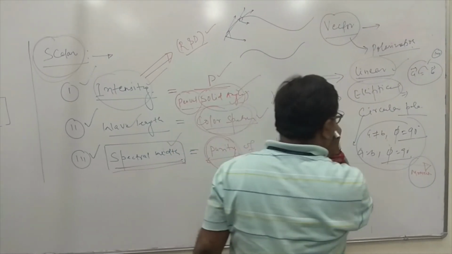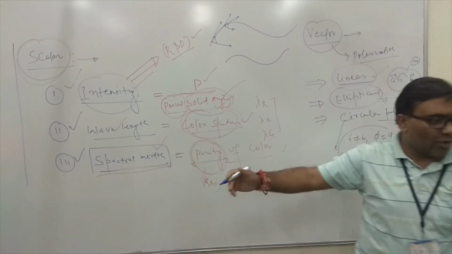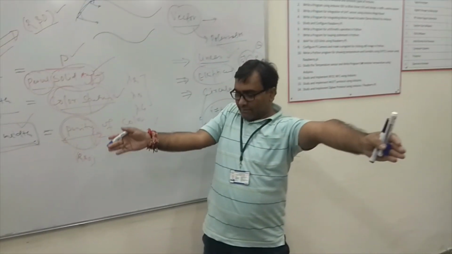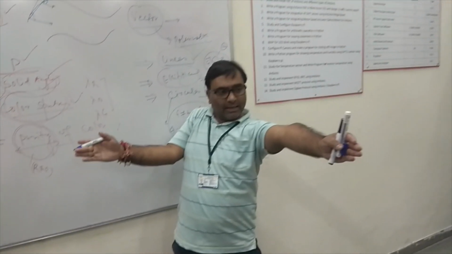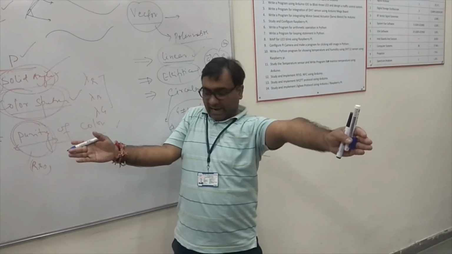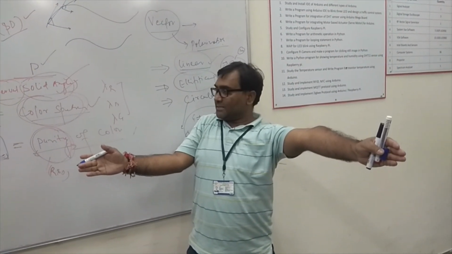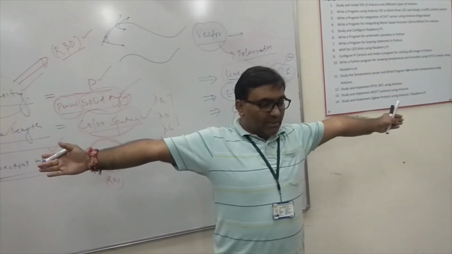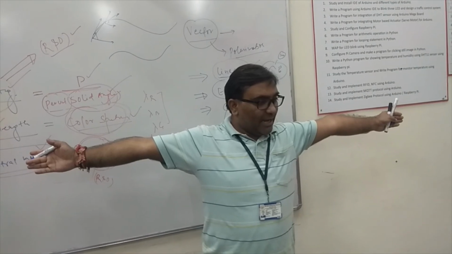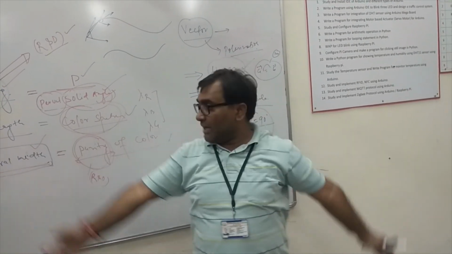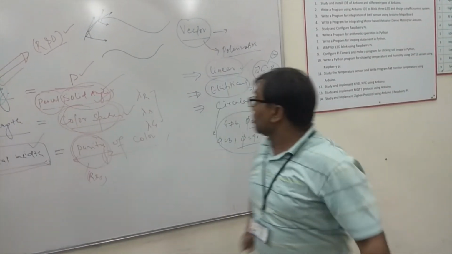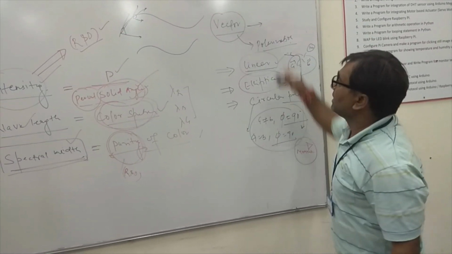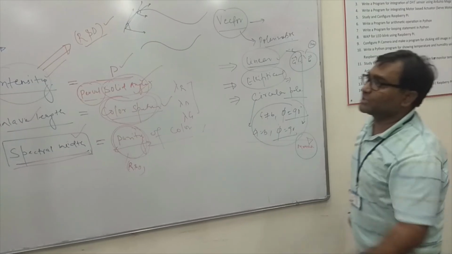So circular polarization is when the magnitudes of both hands are the same at 90 degrees. If I reduce the length of B, but the angle is again the same, that is known as elliptical polarization. This is the condition. For linear polarization, A by B is equal to 1, right, and the angle is 180 degrees. So these are all three conditions associated with the vector properties of the rays model.